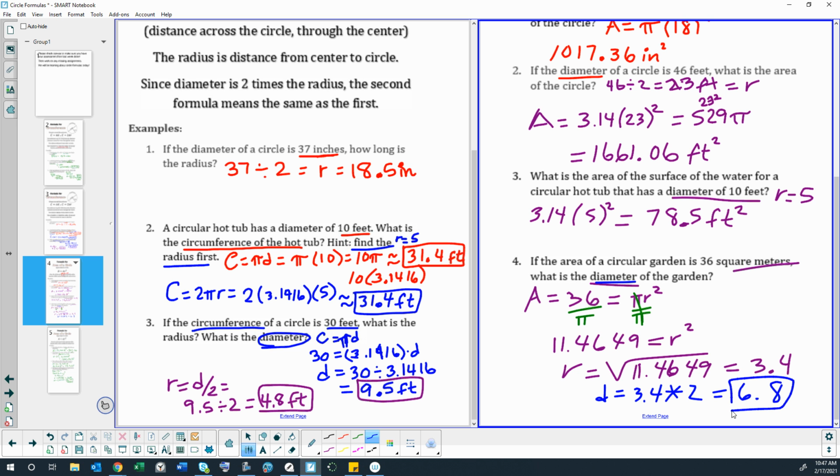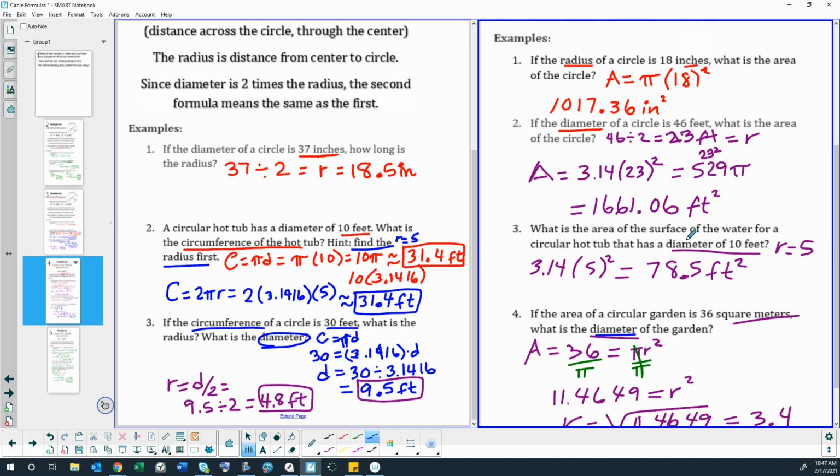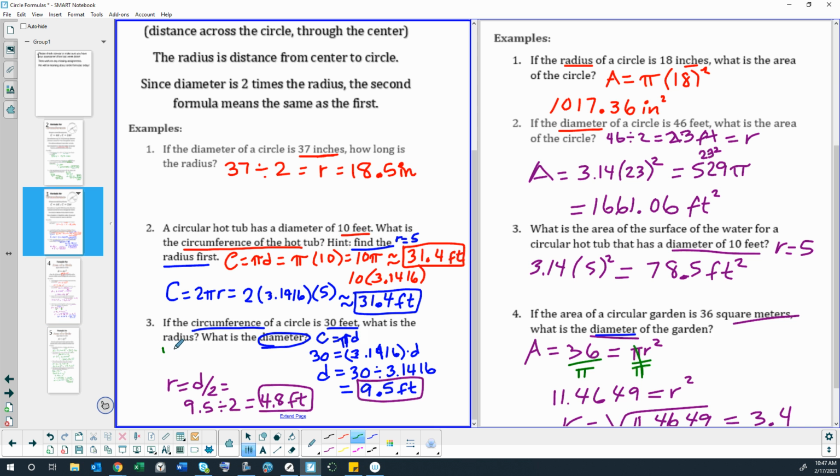Some of the problems on Khan Academy actually give you the circumference and ask you to find the area. So keep in mind, like in this problem right here, they gave us the diameter and we had to find the radius to find the area, right? Well, what if instead they gave you the circumference, like problem 3? What if they said, what is the area?